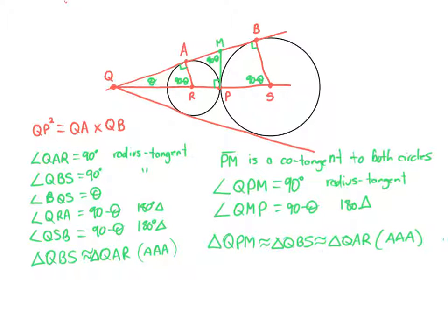And the ratio of the hypotenuses will be equal to the ratio of the bases, as would the ratio of that side and that side. We're going to use the ratio of the bases for these three triangles.